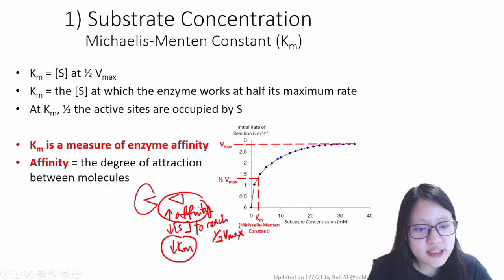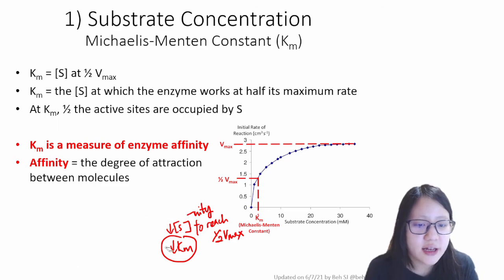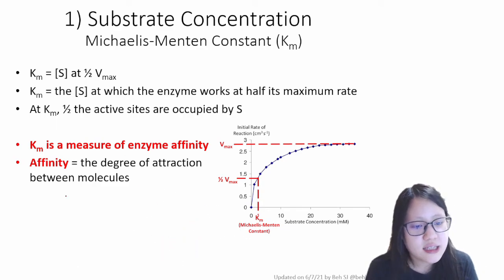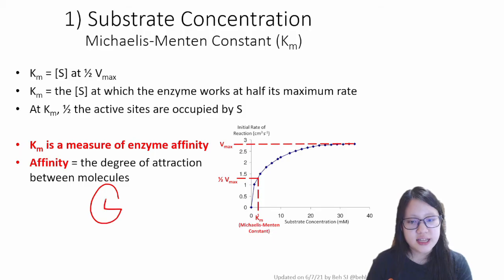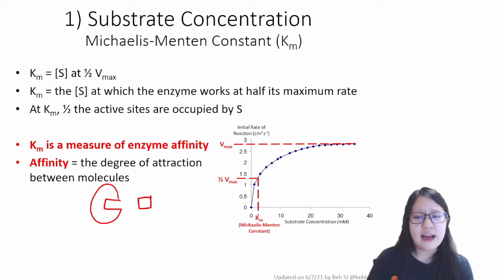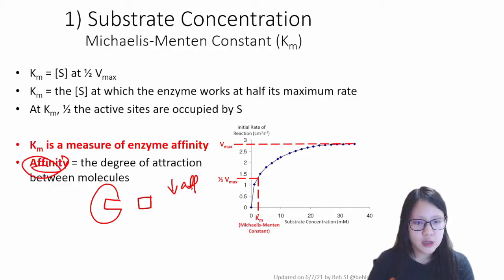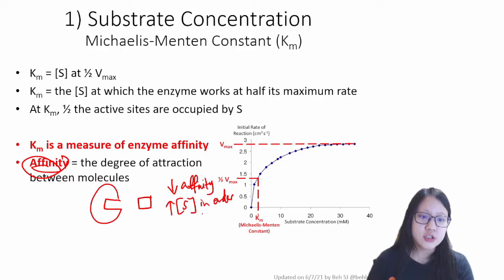Yeah. Let's do the reverse. I find that helps some people sometimes. So let's say this enzyme has a different substrate, right? Their degree of attraction, their affinity is not that high. Low affinity, low attraction. Now it will take a lot more substrate in order to reach half Vmax.